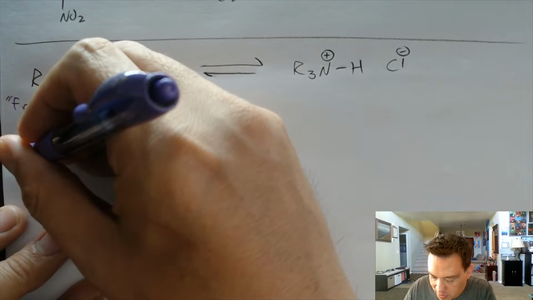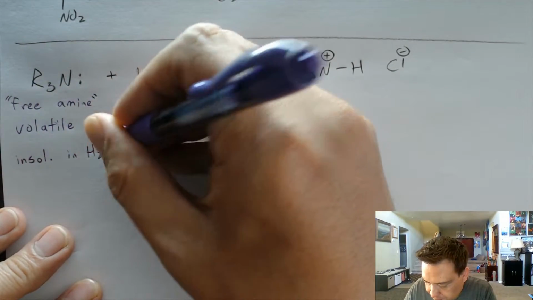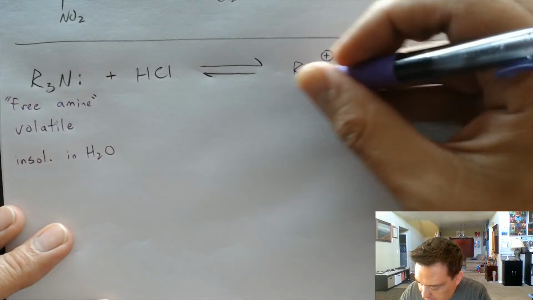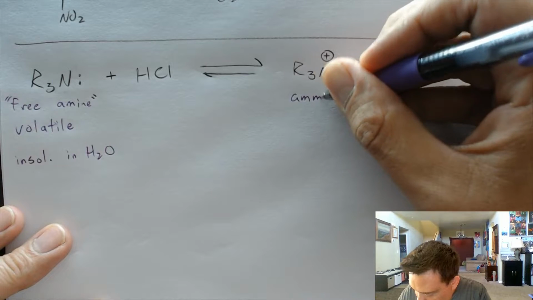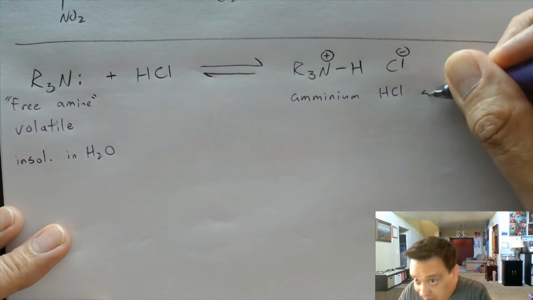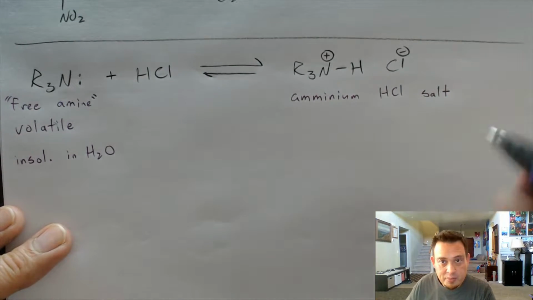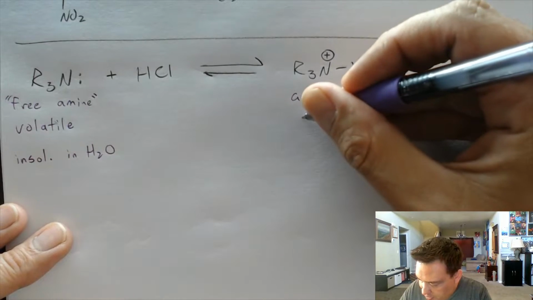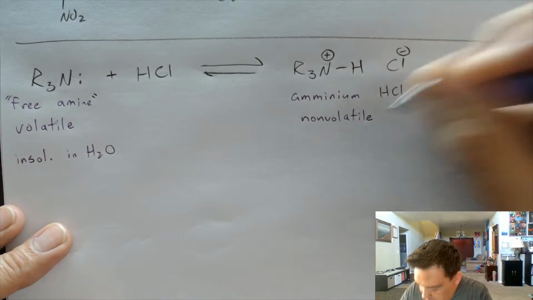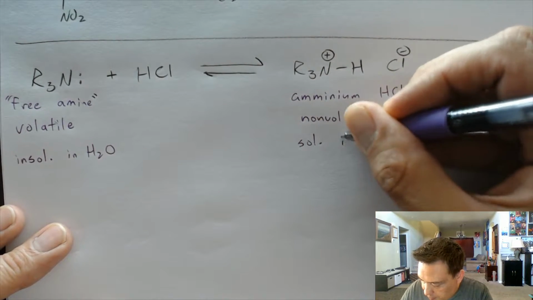These also typically end up being insoluble in H2O. Here we have the aminium HCl salt. Typically, ionic compounds are oftentimes non-volatile. So this is non-volatile. Additionally, this is soluble in H2O.